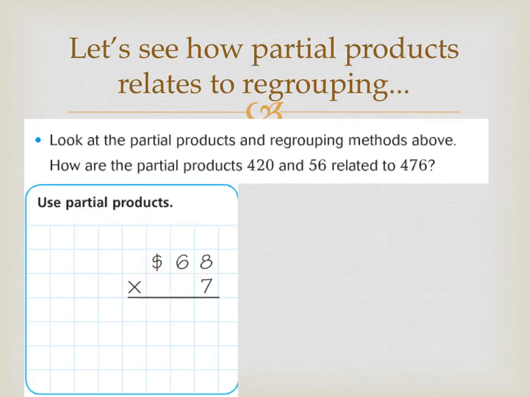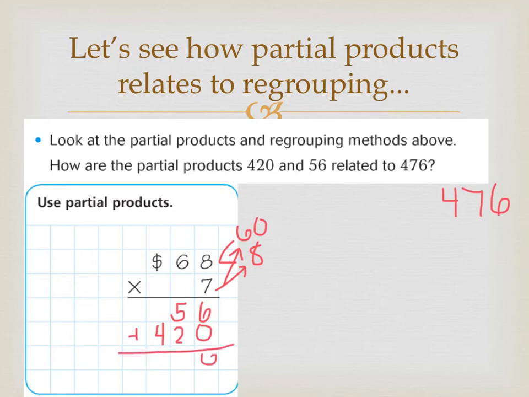Now, we already know that 68 times 7 is 476. Let's look at this same problem with partial products and see how they relate. With partial products, I think of 68 as 60 and 8. And I say 7 times 8, well, that's 56. And 7 times 60, well, that's 42 tens, or 420.